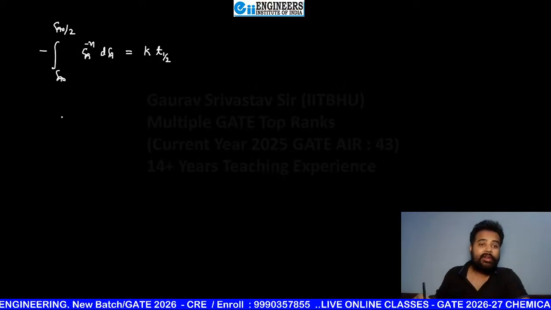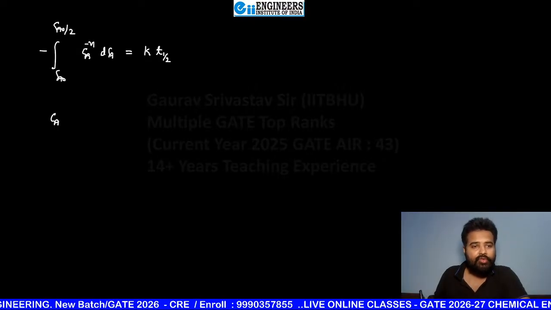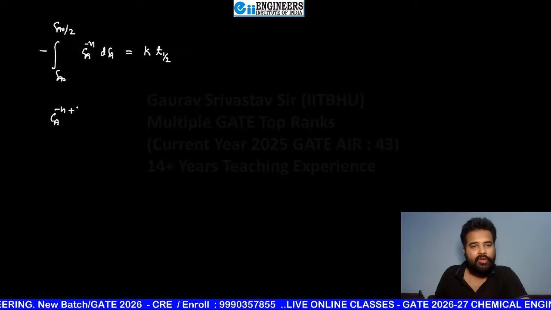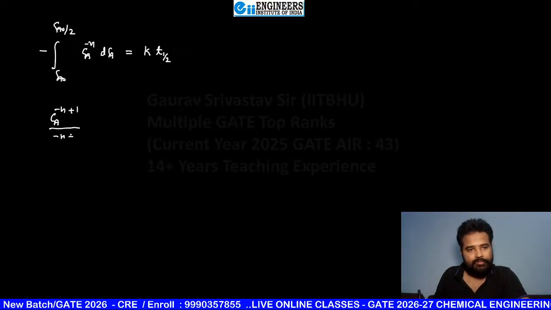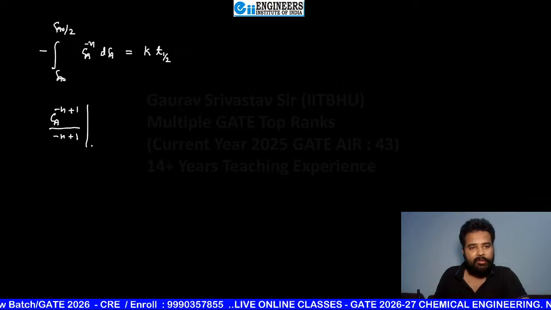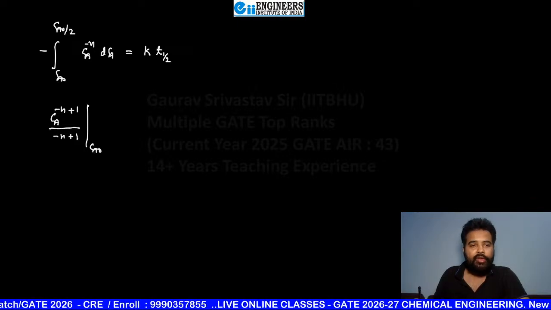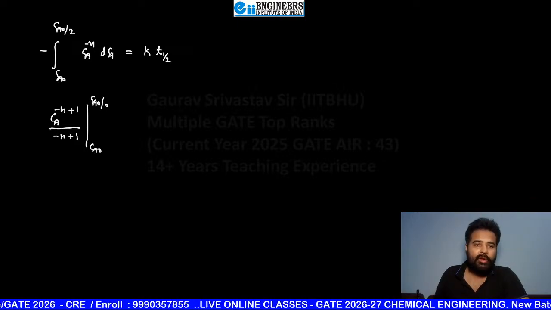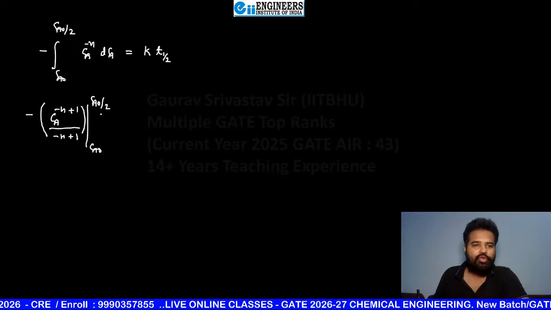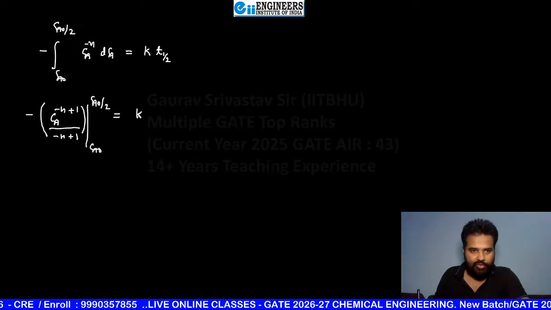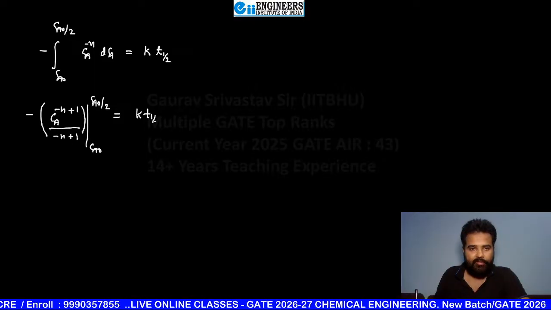Now integrate it, already integrated by you, so Ca raised to power minus n plus 1 upon minus n plus 1, and here the limit is Ca naught to Ca naught by 2, and here one negative sign is also present, and that becomes equals to k t half.